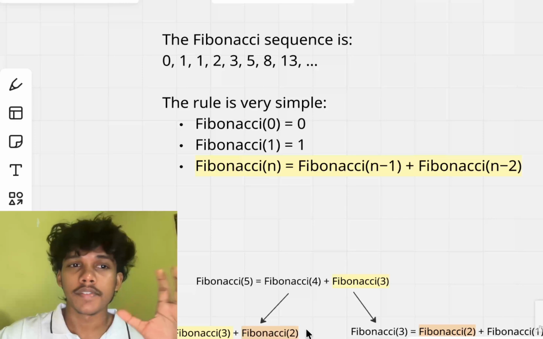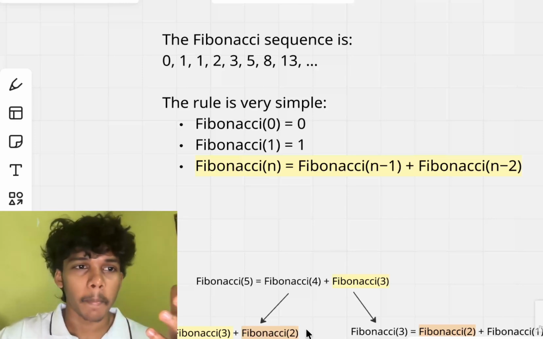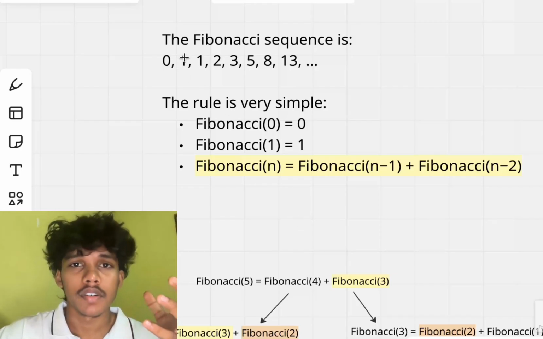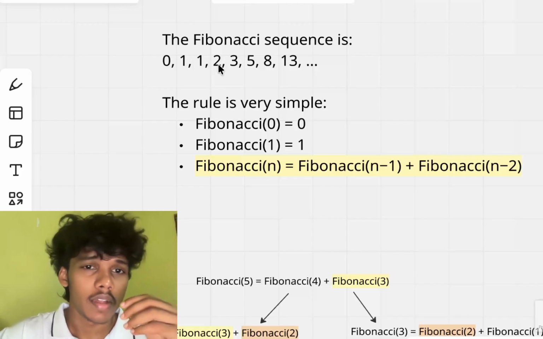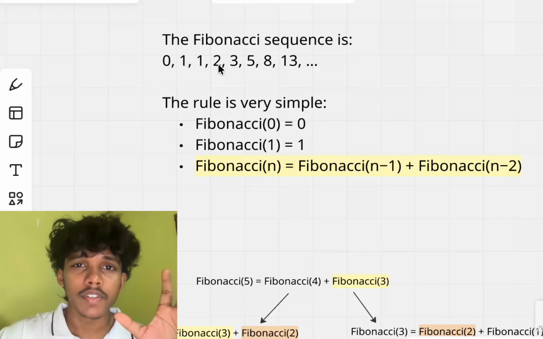Now let's properly understand dynamic programming using the Fibonacci sequence step by step. The Fibonacci sequence is a simple number series that starts as 0, 1, 1, 2 and so on, where each number is the sum of the previous two numbers.